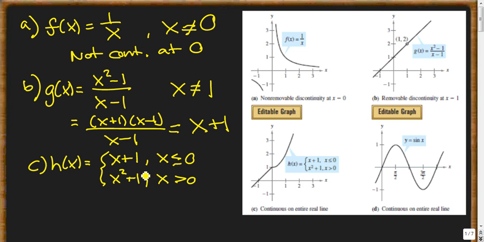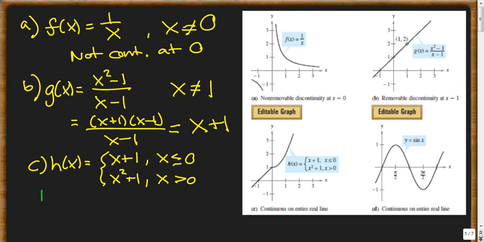But in order for this to be continuous, the limits from left and right have to match. So we need to look at the limits of x plus 1 before it gets to 0 and the limits after it gets to 0.